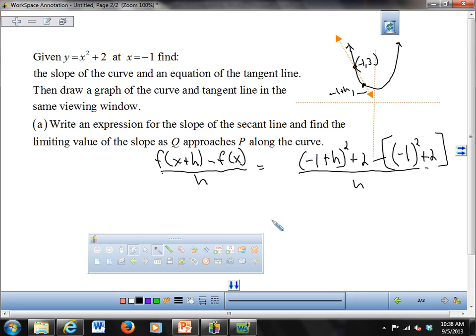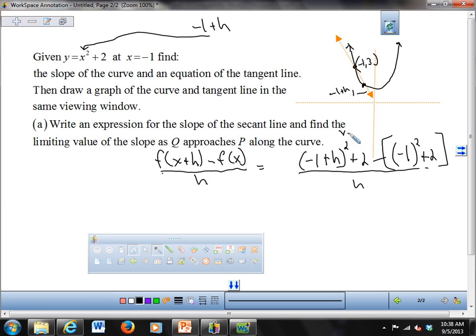Sorry. Yes, sir. Where did you get the plus 2 in the middle? Plus 2 from this function. So what I'm doing is taking this point, negative 1 plus h, that's the x coordinate, and plugging it in here. When I plug in negative 1 plus h, I square it, and I have to add 2 to it. This whole thing is the y coordinate.